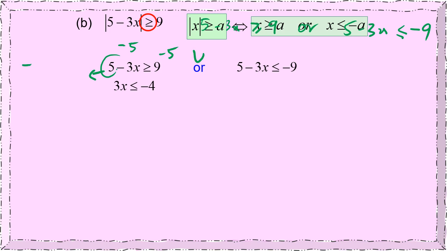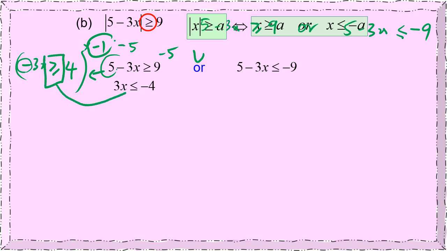I get negative 3x is more than or equal to 9 minus 5, which is 4. To eliminate the negative, I multiply with negative 1. When we multiply with a negative value, the sign also needs to change. So we get 3x is less than or equal to negative 4.